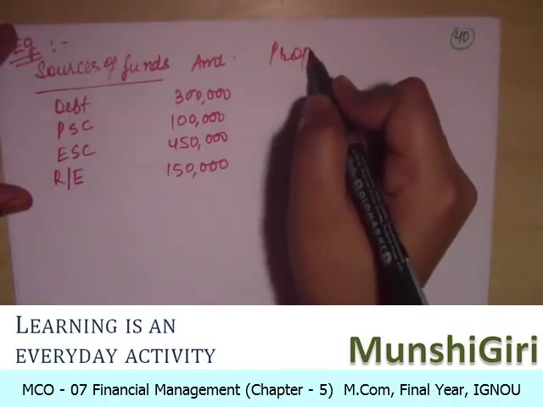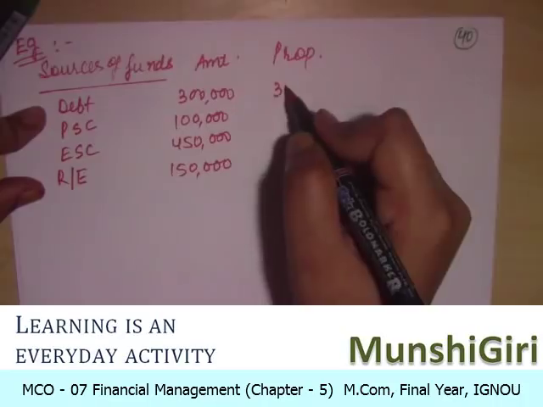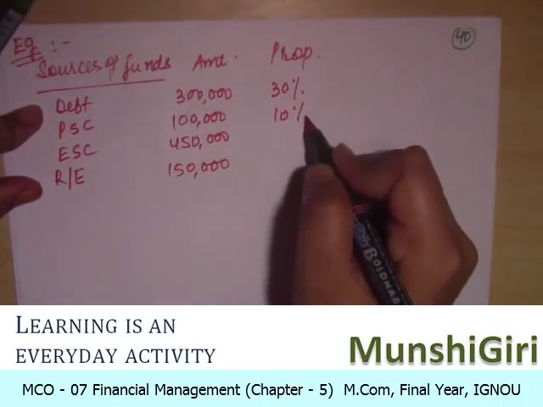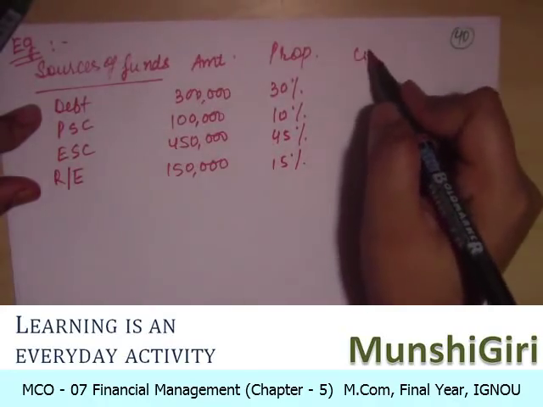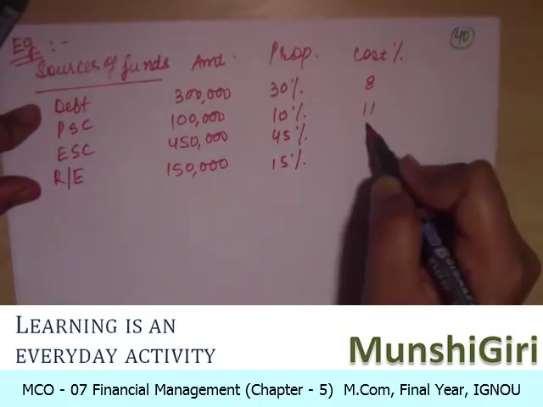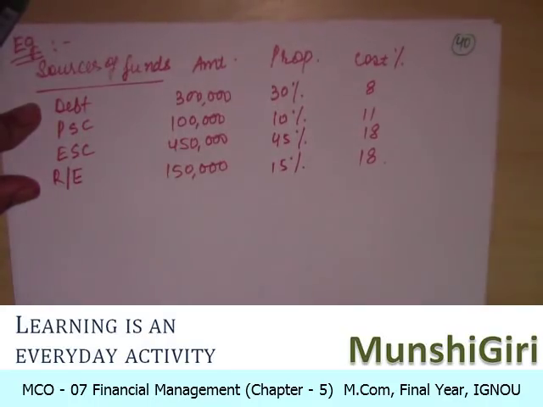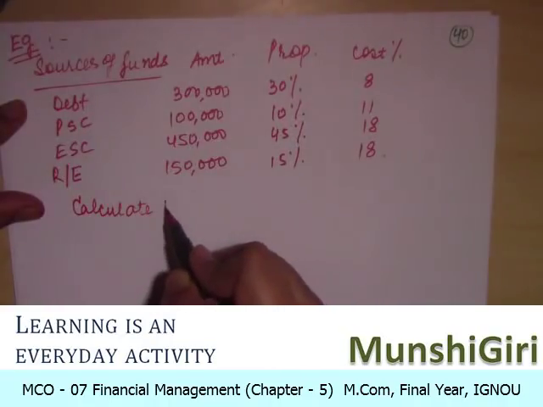Proportion of investment in the following sources are 30%, 10%, 45% and 15%. Cost is 8, 11, 18 and 18%. You have to calculate the weighted average cost of capital.